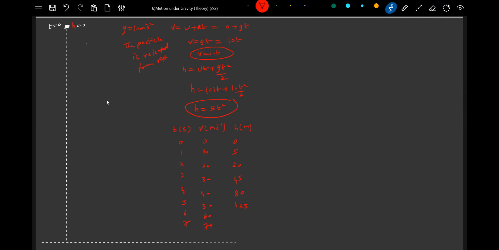T equal to 6, 36 into 5, 180. T equal to 7, 49 into 5, 245.